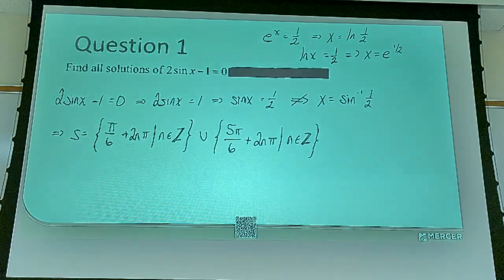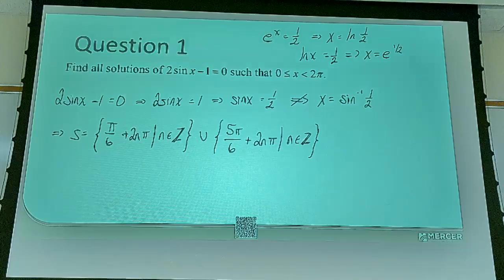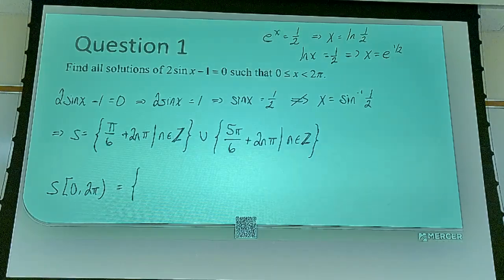Now, we replace the interval. So of those infinitely many solutions, which solutions are between 0 and 2 pi? I'll call this the solution over 0 to 2 pi. It's just what? Pi over 6 and 5 pi over 6, isn't it?